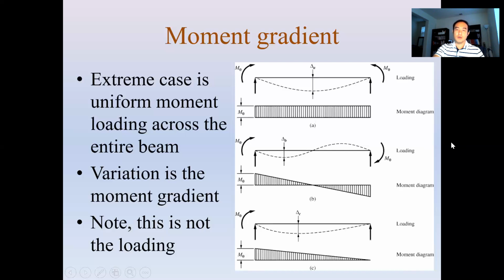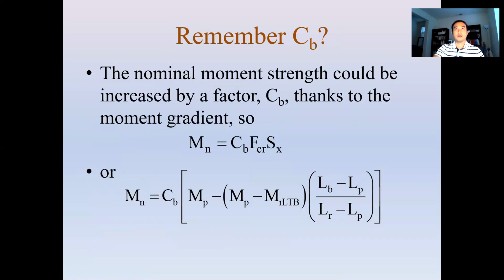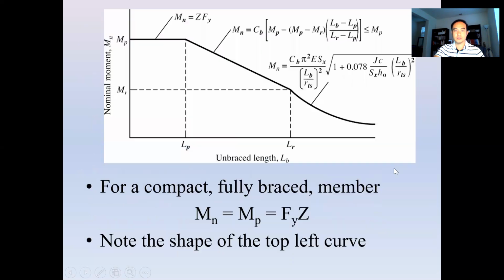So how can we address this in our selection of the beam? The answer to that question is through C sub B. Remember, we had two equations for nominal moment, one for inelastic lateral torsional buckling, the other for elastic lateral torsional buckling. Going back to this chart, this equation is for inelastic lateral torsional buckling, and this is for elastic lateral torsional buckling.